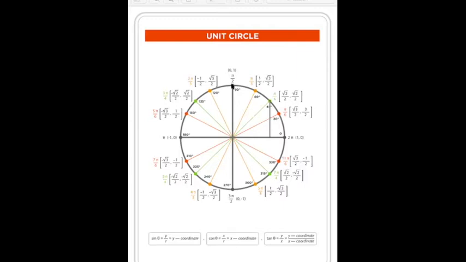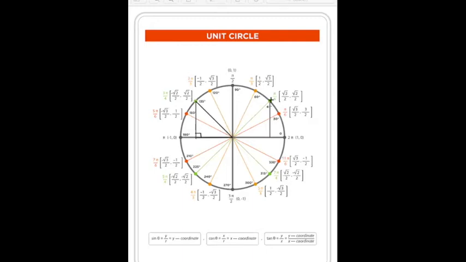Moving on to the next 45-degree angle, so 90 plus 45 gives us 135. Now look at this angle. If I draw a vertical line here too, this gives me a right triangle. So if I just look at this piece right here, if I ignore the whole rest of that picture, then I have a 45, 45, 90 right triangle right here.